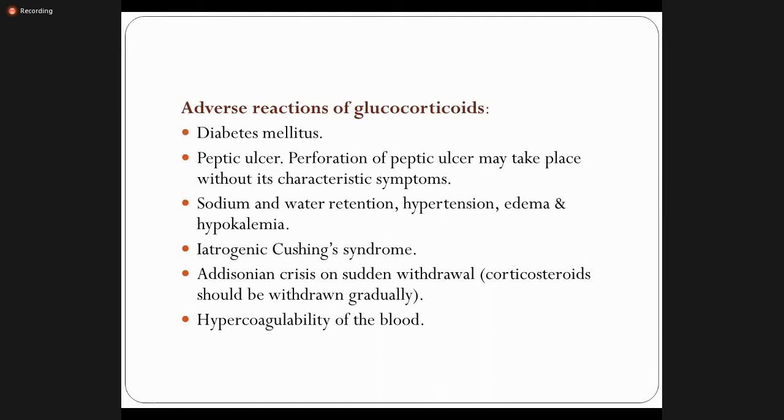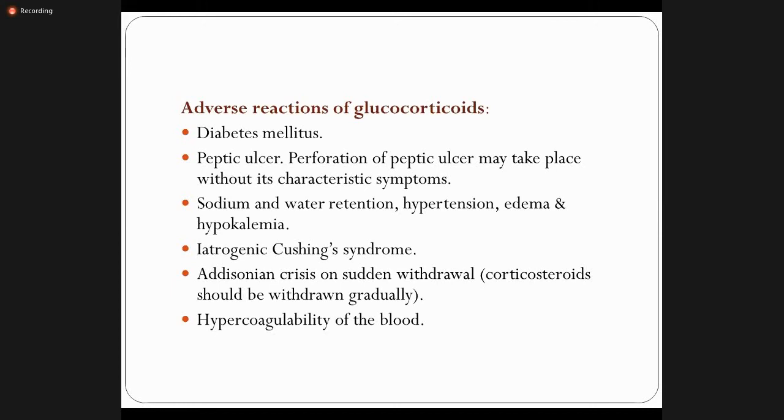Sodium and water retention, right? If a patient has a history of hypertension or congestive heart failure, the use of glucocorticoids is alarming, right? So sodium and water retention will lead to hypertension, edema, and hypokalemia. Because glucocorticoids promote the reabsorption of sodium and promote the excretion of potassium.